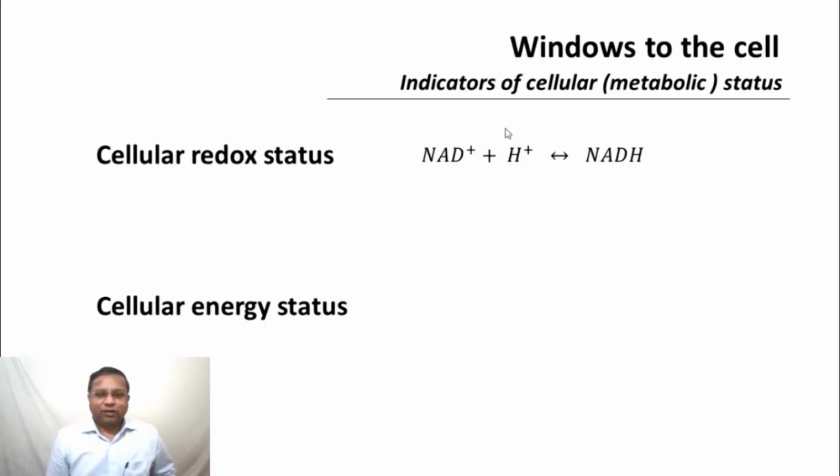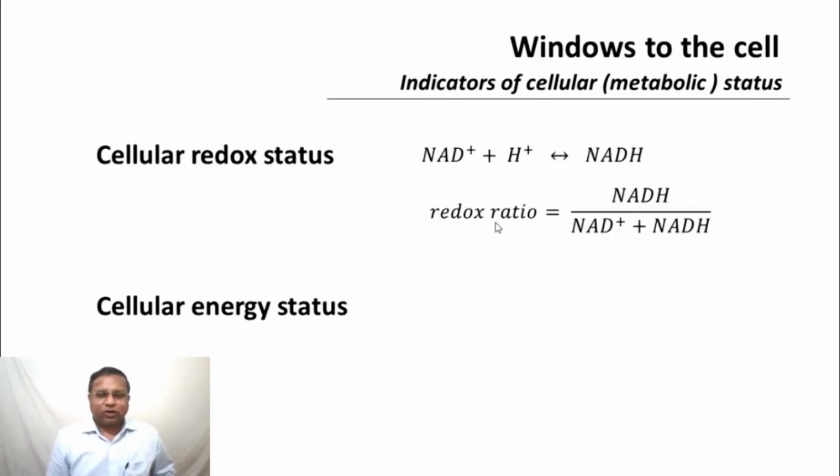This conversion takes place in various metabolic reactions in the cell: NAD+ plus H+ giving you NADH. So this has the reducing power which is taken forward for so many different important functions in the cell.